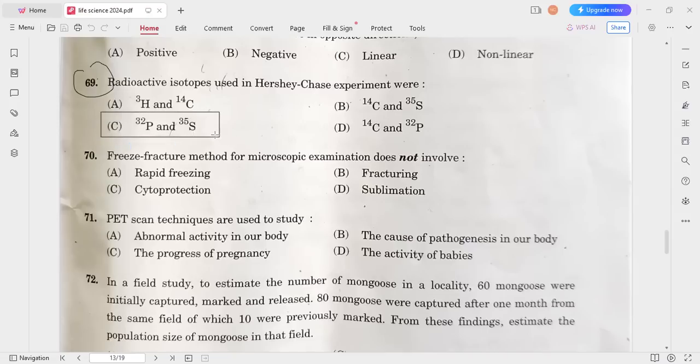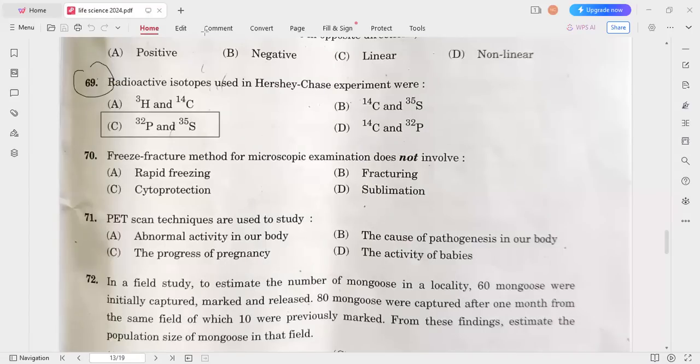Option C contains phosphorus 32 and sulfur 35. DNA contains a phosphate backbone, that's why phosphorus 32 was used as a radioactive isotope, and some amino acids contain sulfur in their side chain, that is cysteine and methionine, that's why sulfur 35 was chosen. Okay, option C is the correct answer for question number 69.